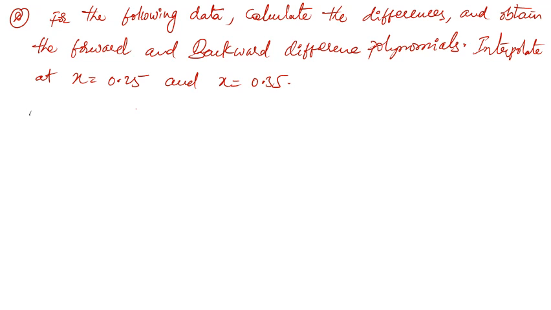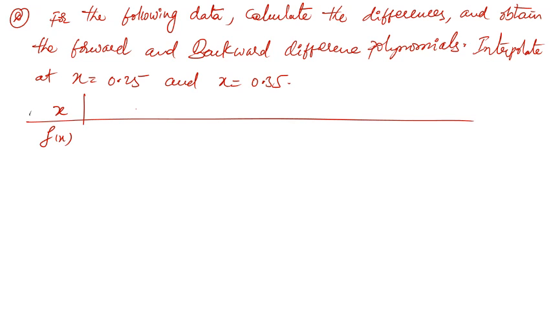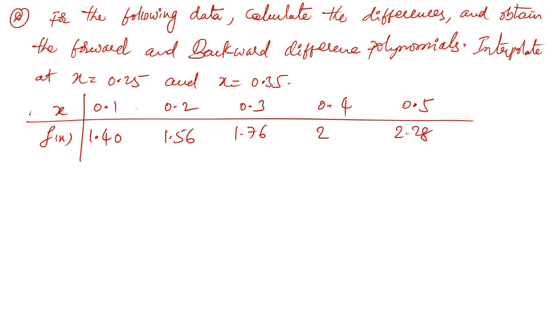First, the data. What is the data here? x versus f of x: 0.1, 0.2, 0.3, 0.4, 0.5, and corresponding function values 1.40, 1.56, 1.76, 2, 2.28.